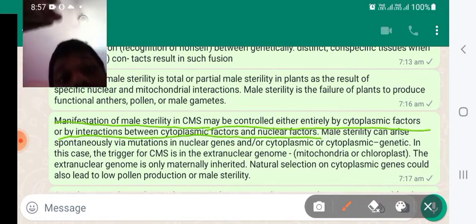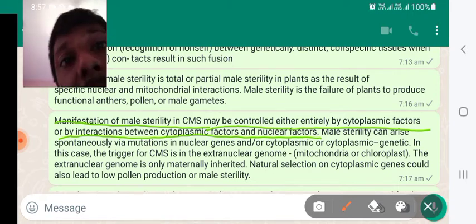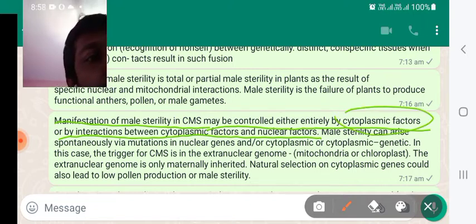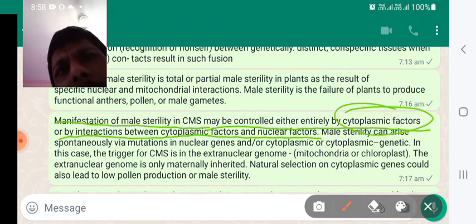The interaction between cytoplasmic factors, meaning the genes present in the cytoplasm, with nuclear factors can lead to cytoplasmic male sterility, or it can be directly controlled by the cytoplasmic factors as well. So by manipulation of the cytoplasmic factors, we can make cytoplasmic male sterile plants.